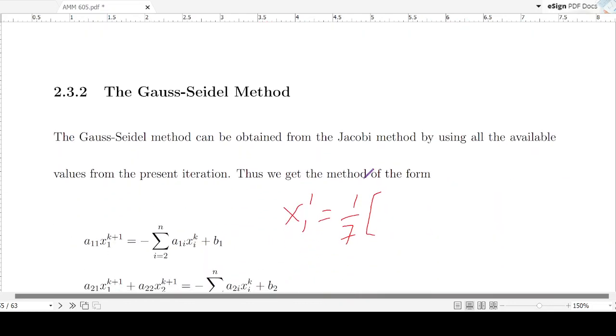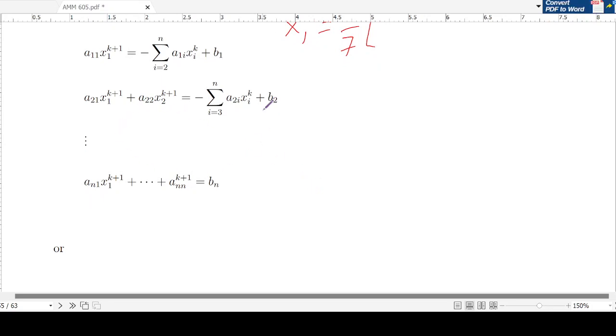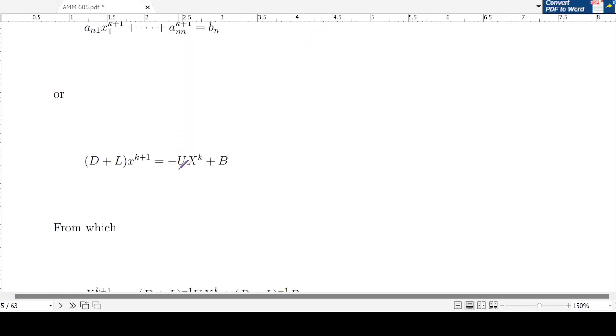So that is the whole idea about the Gauss-Seidel. Otherwise, everything else works the same way as the Jacobi. So we are saying that the Gauss-Seidel method can be obtained from the Jacobi method by using all available values from the current iteration, so that the method will take something like this form.